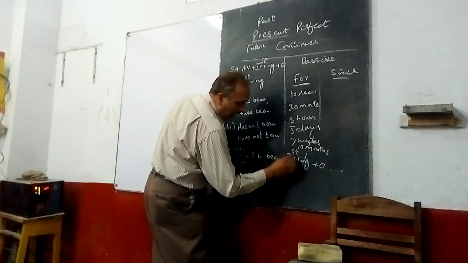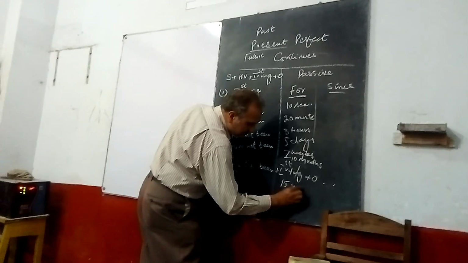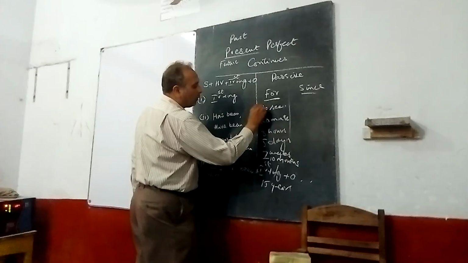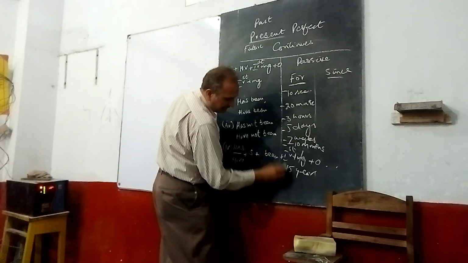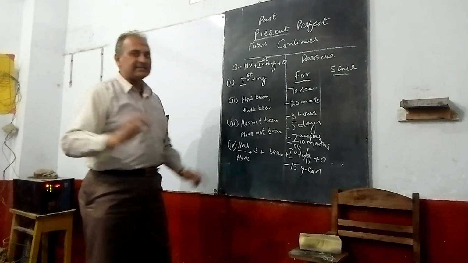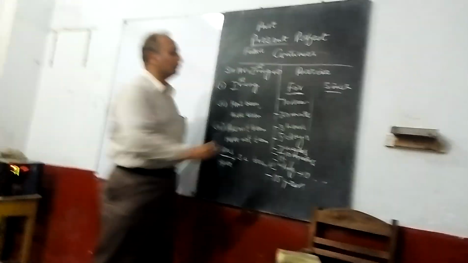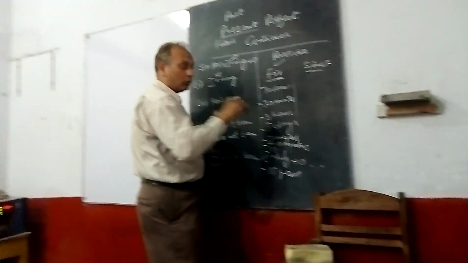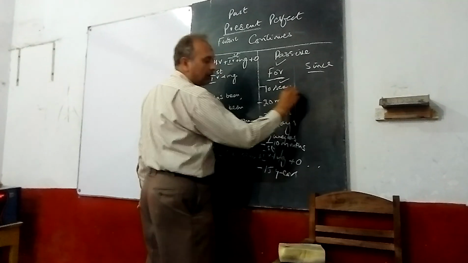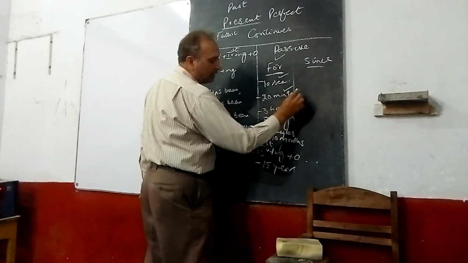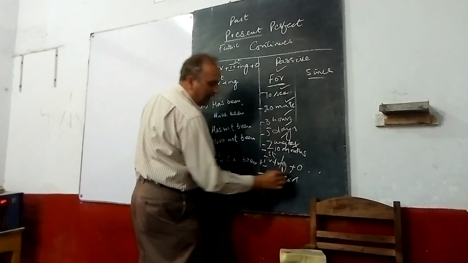And after that, years, 15 years. 1, 2, 3, 4, 5, 6, and then 7. These are the 7 stages where we use for: for seconds, minutes, hours, days, weeks, months and years.